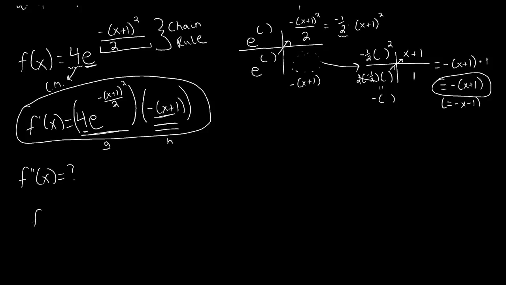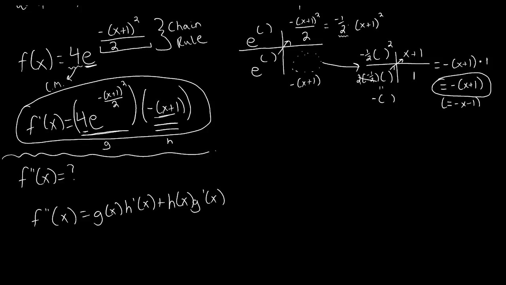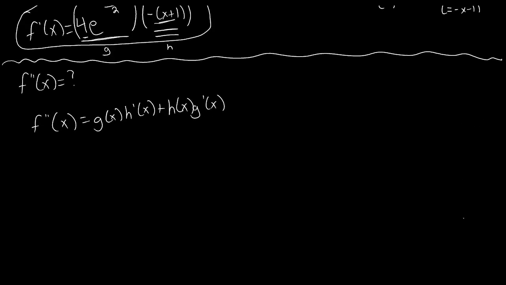So our second derivative is going to take the form g of x times h prime of x plus h of x times, not h of x, g prime of x, my fault. And we have g prime of x. Okay, so I'm going to go ahead and fence this off so we know what we're dealing with here. So I'm going to scroll down so we have more room to work as well. So this is what we're looking for our answer to take the form of.